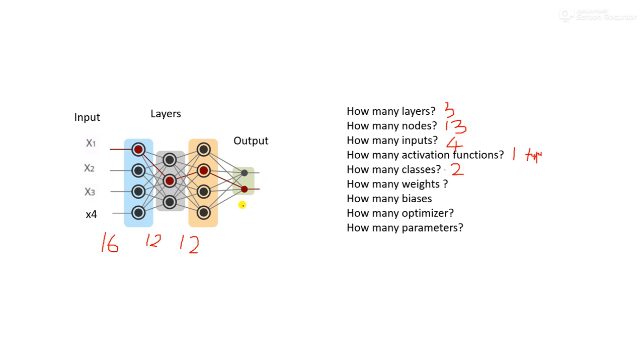You got 4 to 2, you got 8. Then you add all together. So how many? 48. Okay, I got 48 weights.